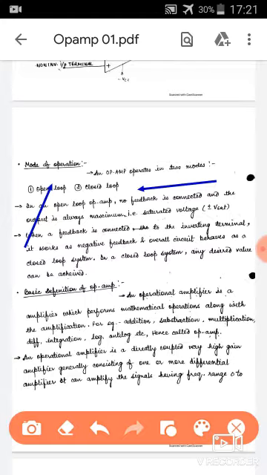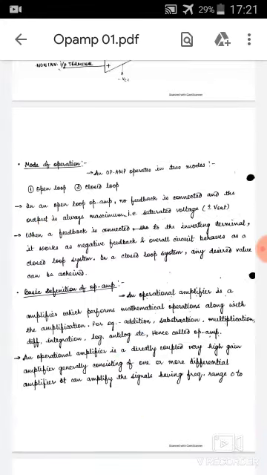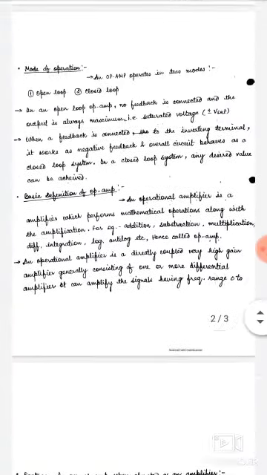Now the basic definition of op-amp we have already discussed. It is an amplifier which performs some mathematical operations like addition, subtraction, etc. along with the amplification. That's why it is named operational amplifier.